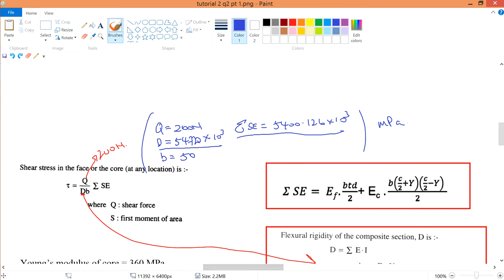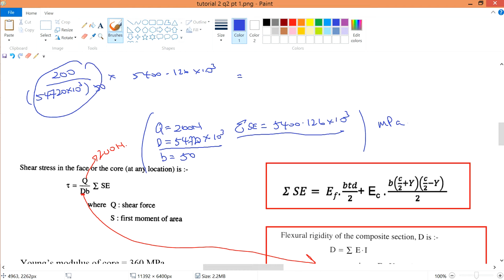But anyway, if you were to just calculate for them, I'll just sub in now. Your shear force is this one. So this portion is actually this portion, or this portion is the summation of your SE. Now if you calculate for the shear stress, you get 0.3947 megapascal.